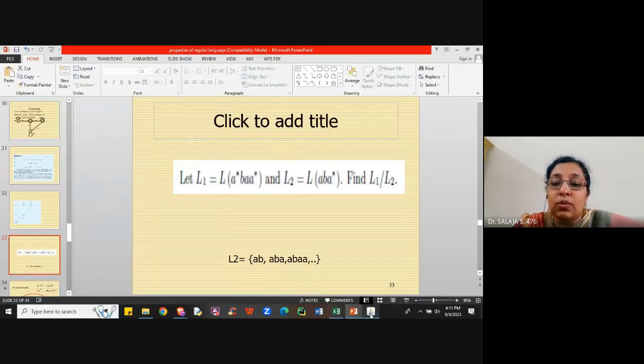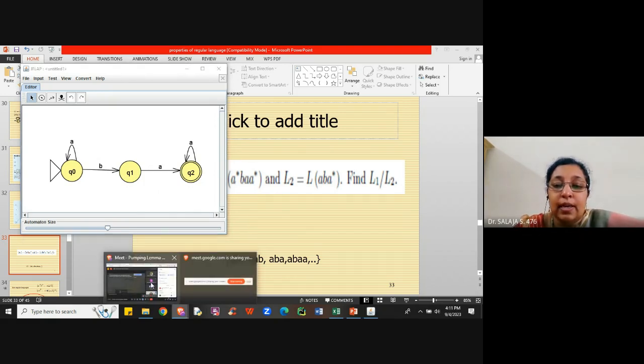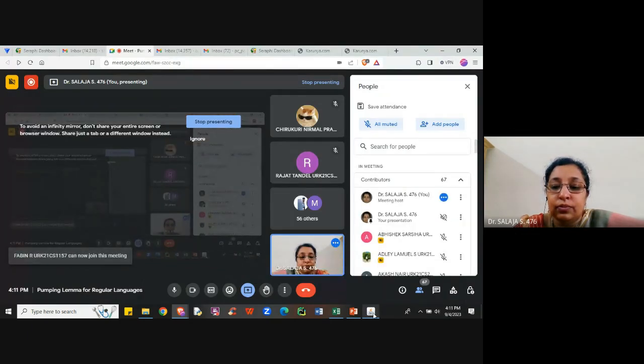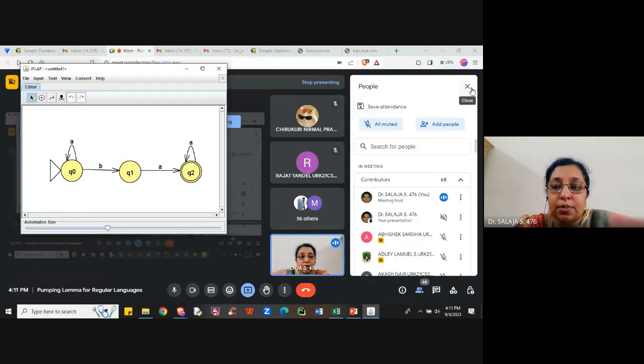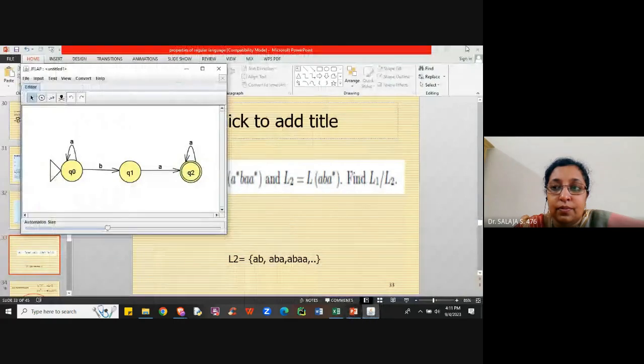Now, my question is, given this diagram, which are the new final states which represent L1 slash L2? Can you put it onto the chat box, please?